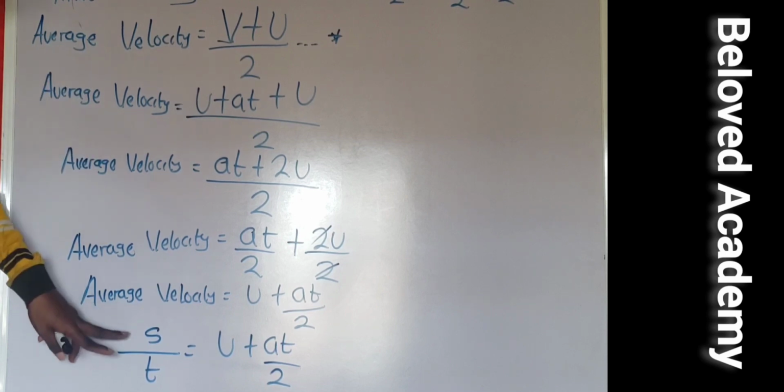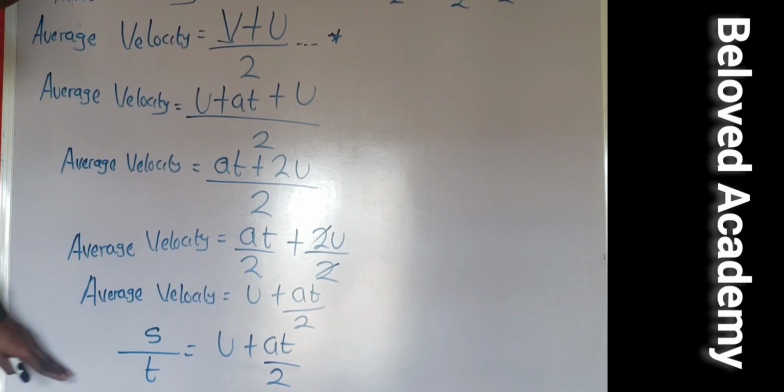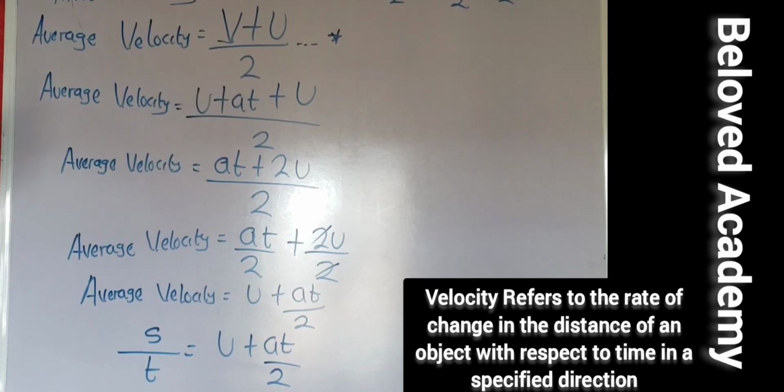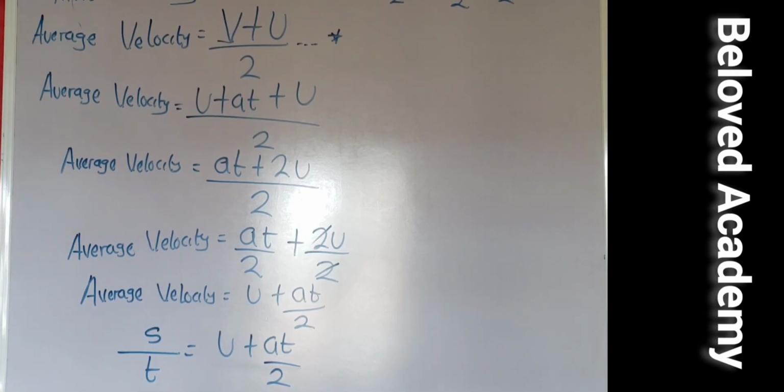Okay, so what I did here is that I changed this velocity to distance over time because velocity is the rate at which the distance of an object is changing with respect to time in a specified direction. Do you understand? If I didn't have direction, that would be speed.